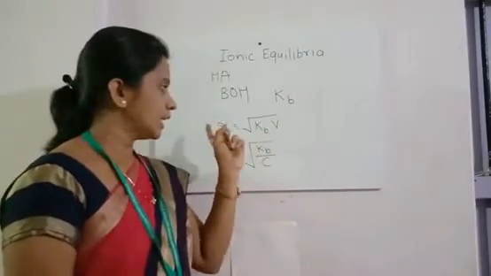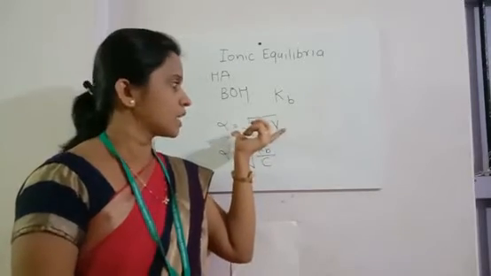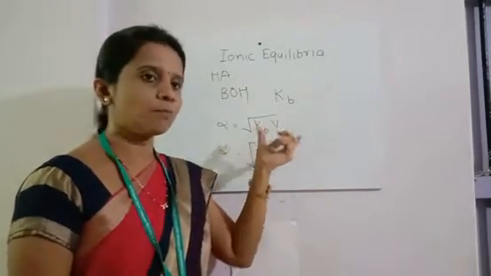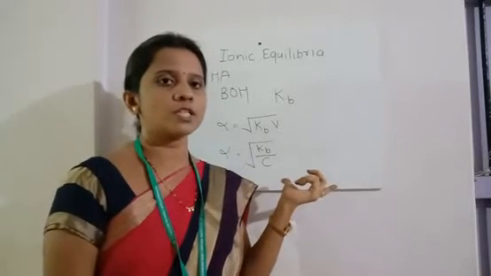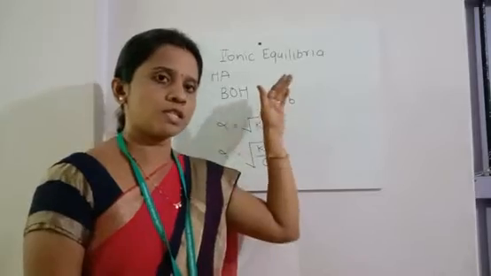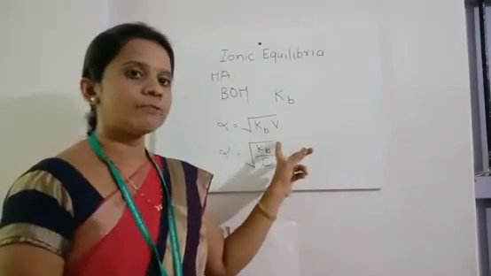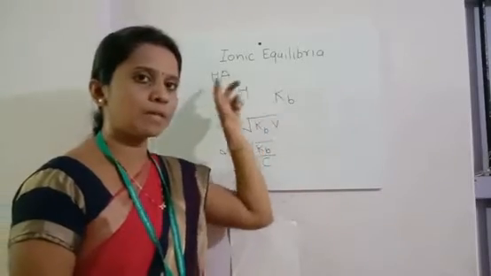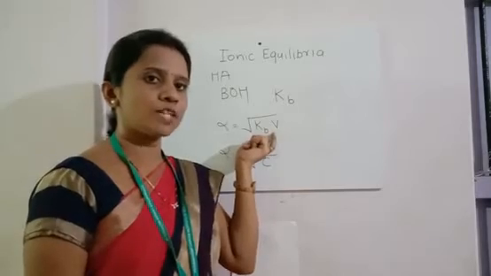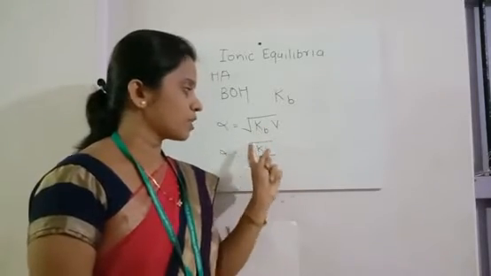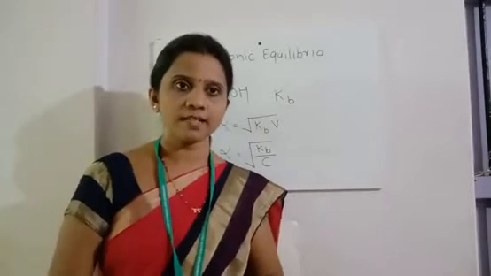That means degree of dissociation for weak base is directly proportional to volume, and it is inversely proportional to its concentration. So the same expression we have to write down for weak base. The only difference is here we have to take BOH as weak base, and the dissociation constant for weak base will be Kb. So this is the expression for Ostwald dilution law for weak base.